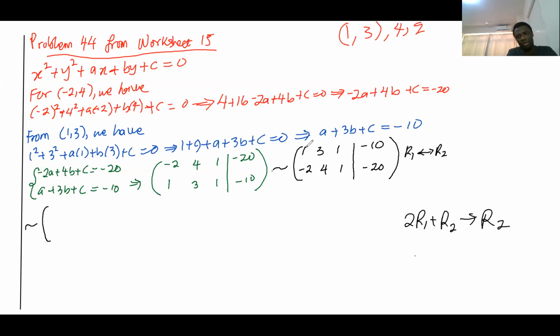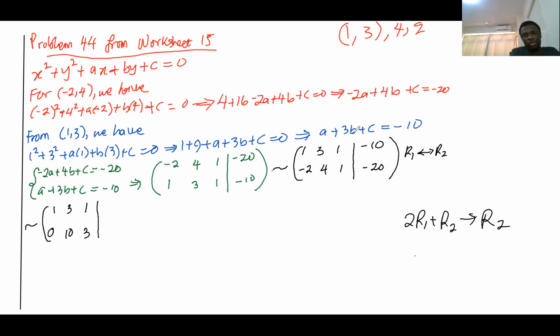So if you multiply this by 2, you get 2 minus this, you get 0. So I'm going to ask this to remain. Then this will be 0. So multiply this by 2, that's 6, and add to this, that's 10. Multiply this by 2, that's 2, and add to this, that's 3.